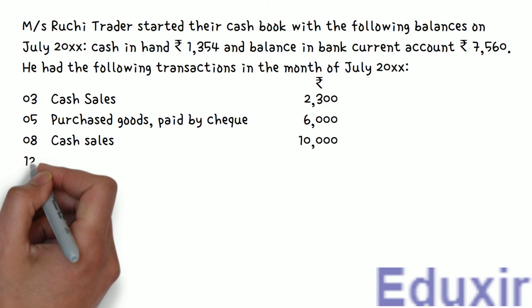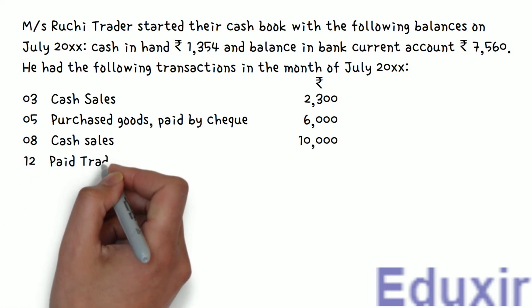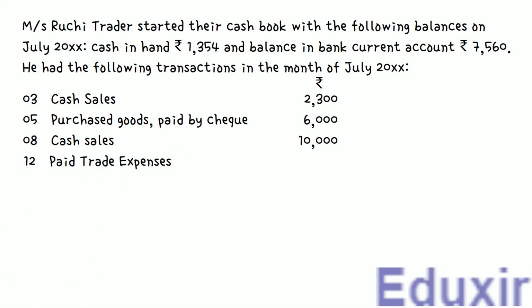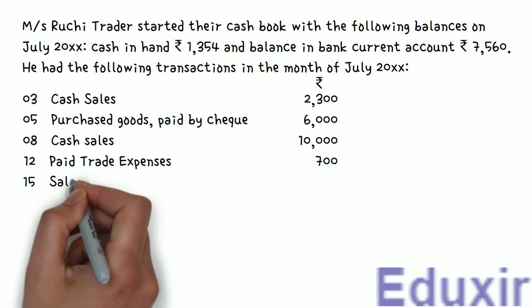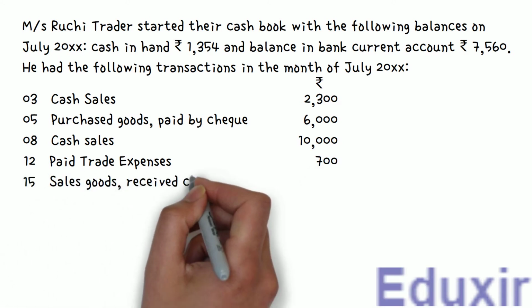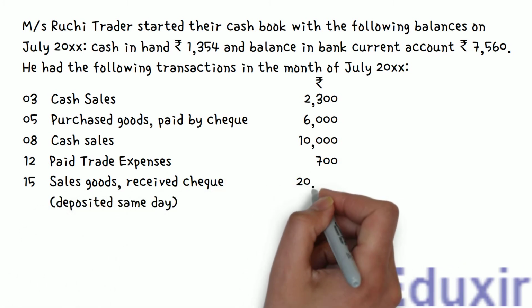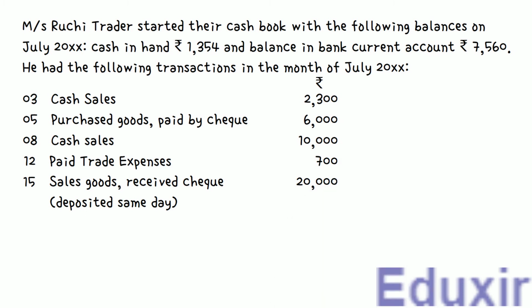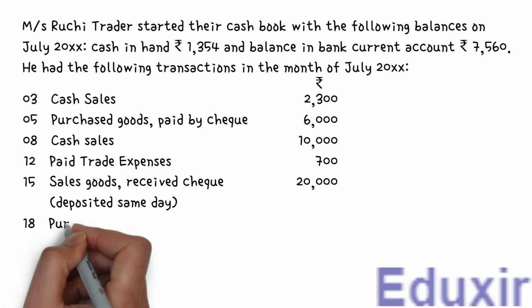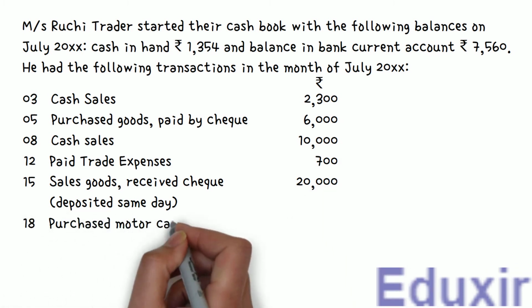On 12th July, paid trade expenses 700 rupees. On 15th July, sales goods received check deposited same day 20,000 rupees.